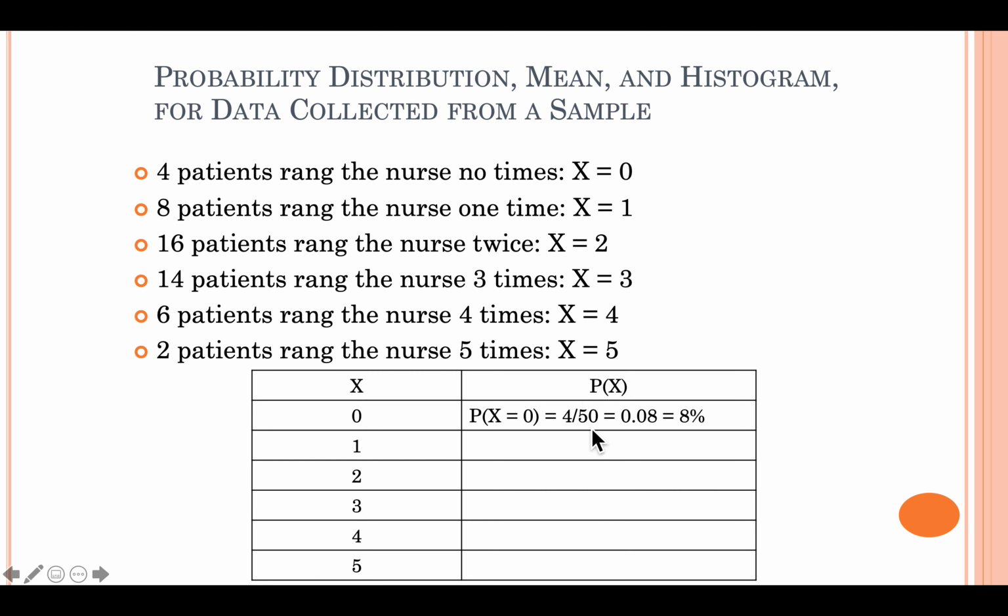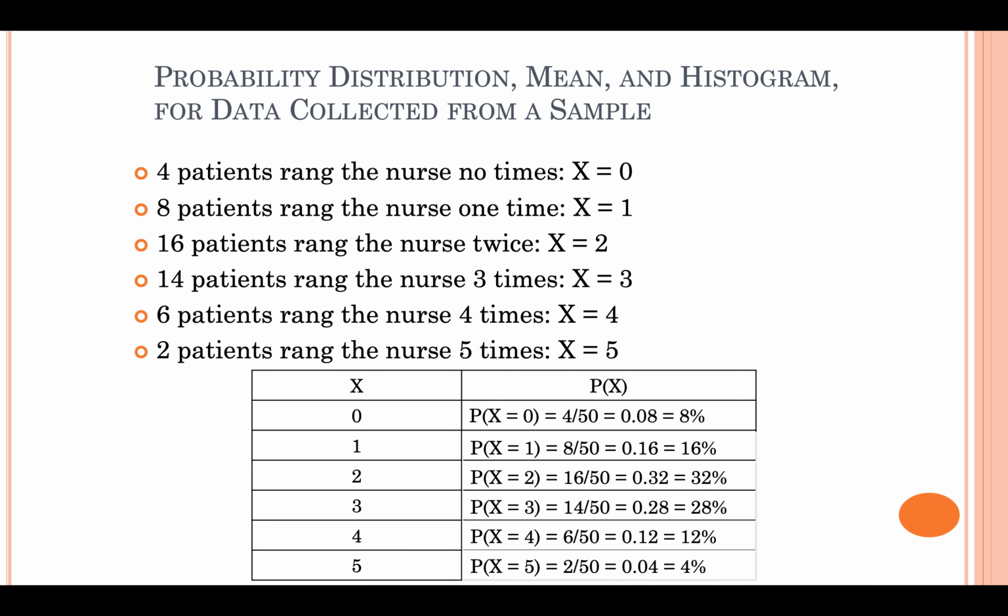So 4 divided by 50 is 0.08 or 8%. If you continue with that idea, you can pause the video and complete this on your own and then check your work. You'll see that we get probabilities in this column that are going to sum to 100% or 1.0. So pause if you want to work on that, and then come back.